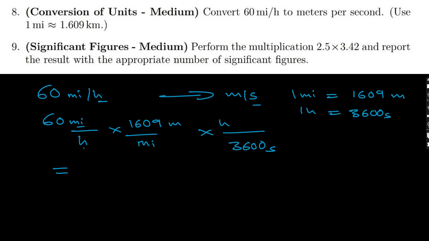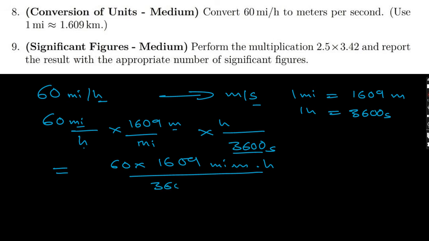And this makes more sense. We are going to have something like 60 times 1609. Here we have miles, and here we have meters. Here we have hours. Then down here we only have the digits, 3600. We have seconds, hours, and miles there.